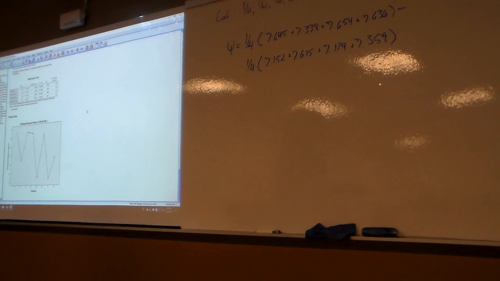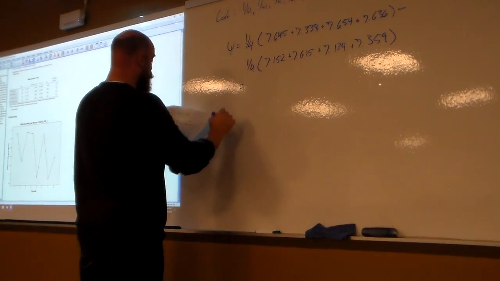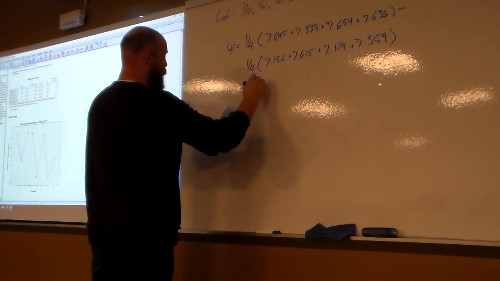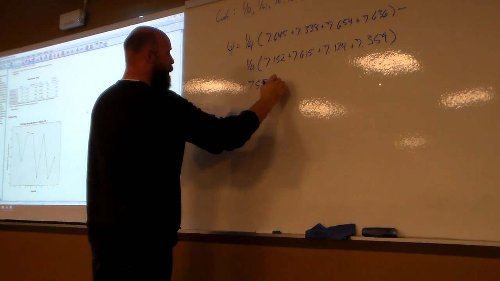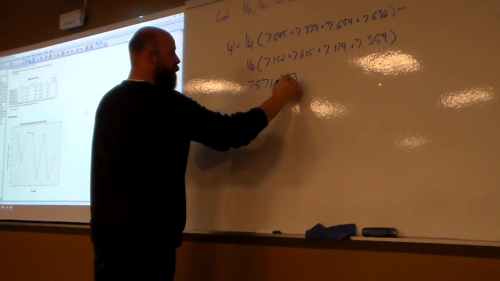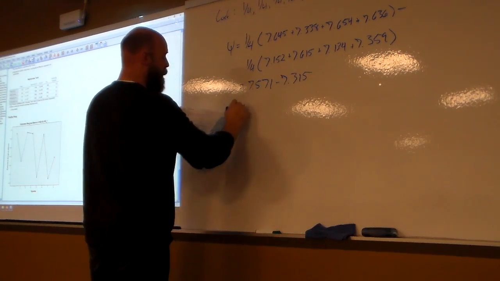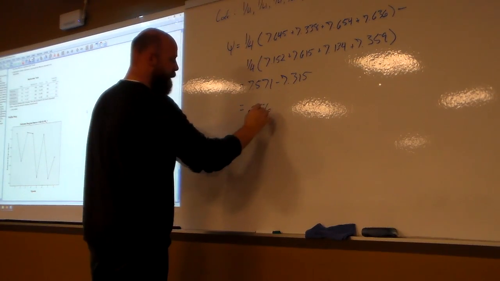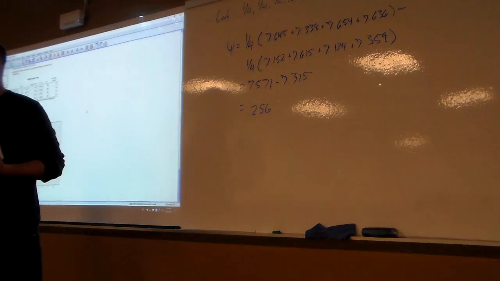Other questions on this? Okay. So the value of our contrast is going to be 7.571 minus 7.315, which gives us a value of 0.256.